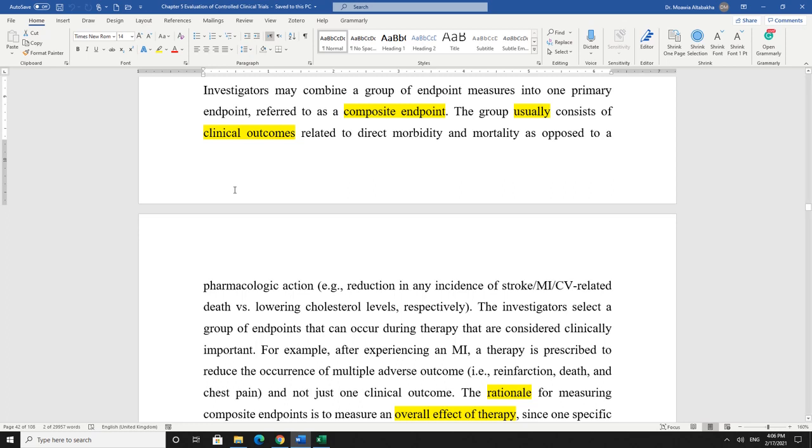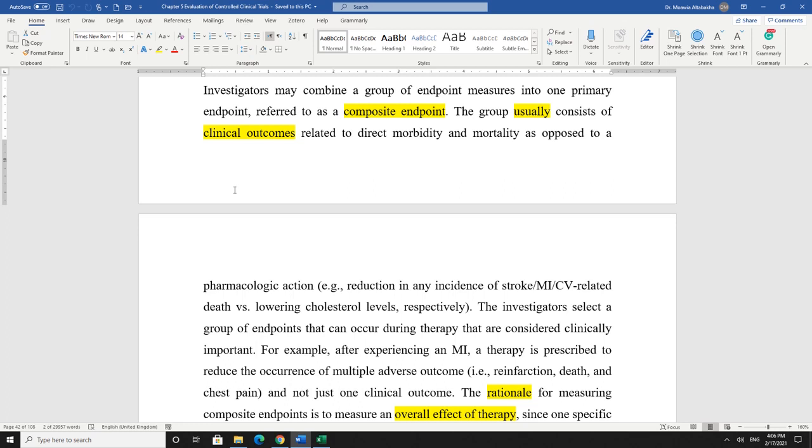A clinical outcome is something like myocardial infarction, death related to cardiovascular problems, stroke, myocardial infarction, as I told you, while cholesterol is not a clinical outcome.